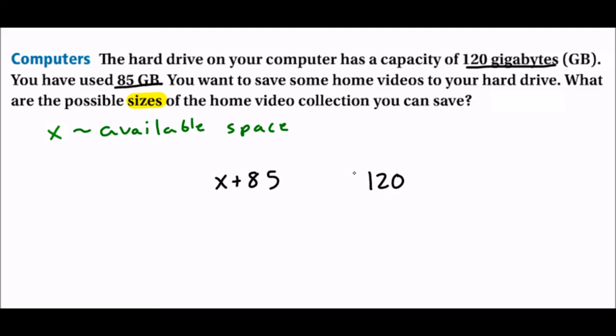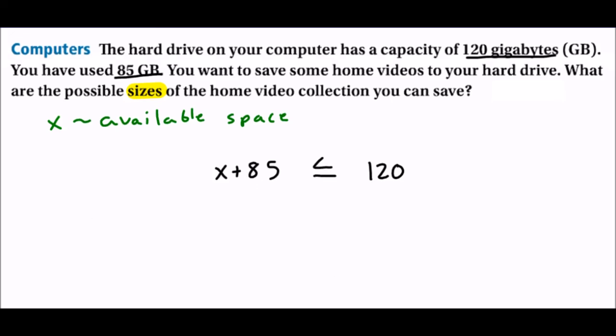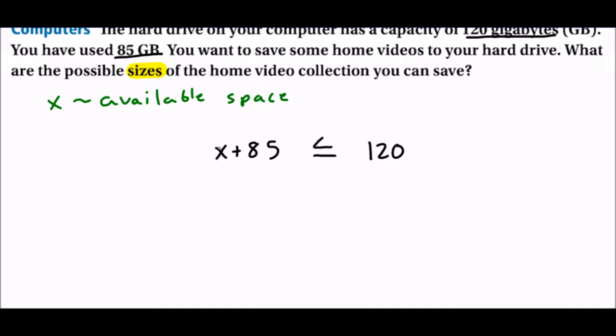We could try and get as much space out of it as possible, but that might be difficult considering video length and size and so on. So what we're going to do is actually set this less than or equal to. Because this can never be greater than 120. Our computer isn't magically going to attain more memory. So we have our available space plus the space we used is less than or equal to 120.